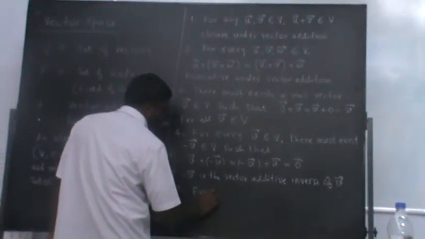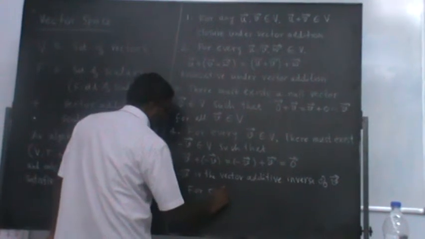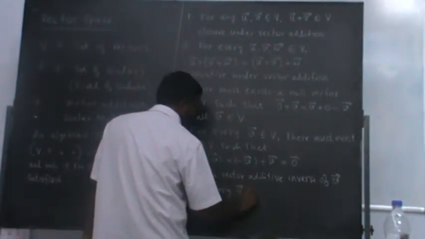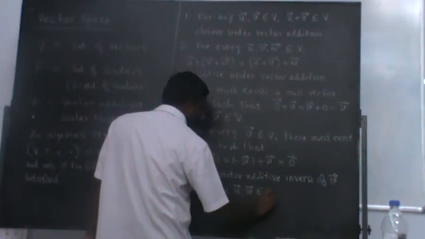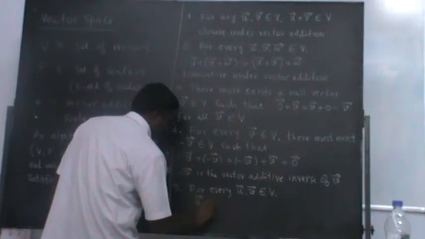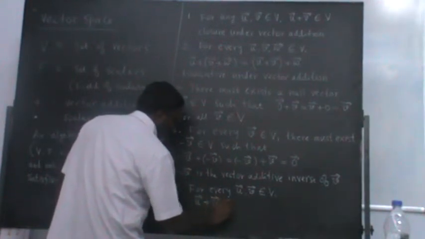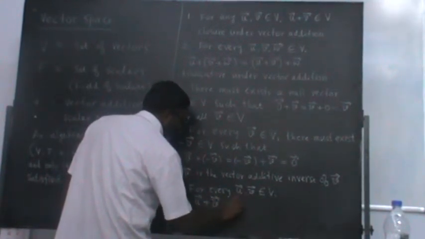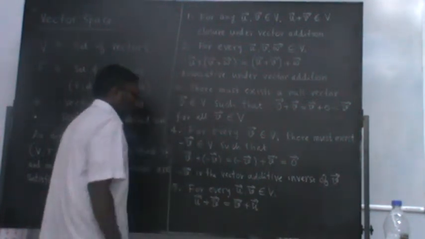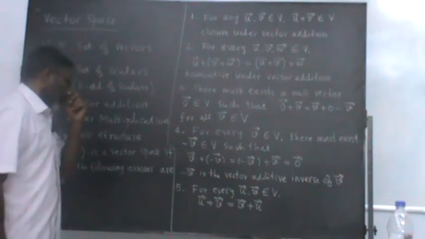For every pair of vectors u, v in V, u plus v is equal to v plus u.